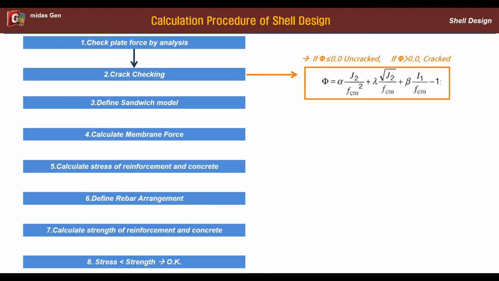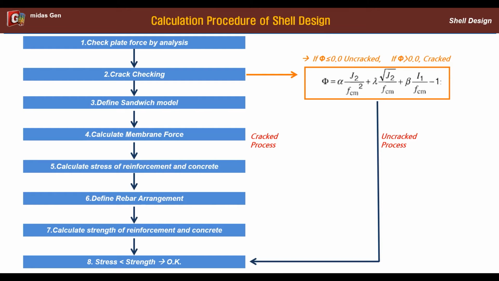When the phi value is less than or equal to 0, it is judged as an uncracked section. If it is greater than 0, it is judged as a cracked section. In the case of the cracked section, proceed in the order of step 3 to step 8. If it is identified as the uncracked section, step 2 to step 8 is immediately applied.